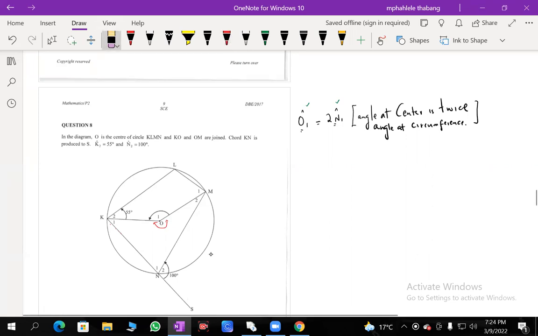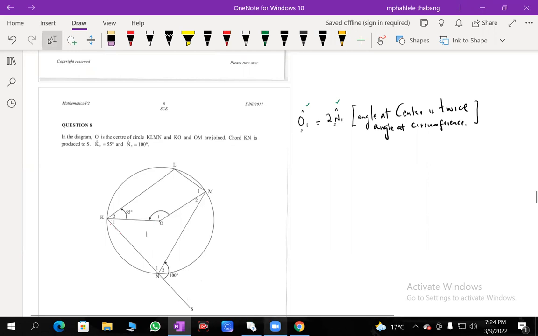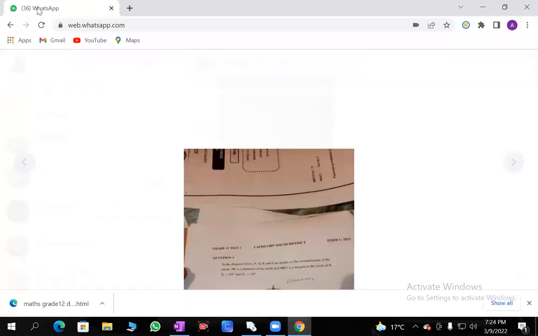Okay. Are you happy with the fact that angle O1 is twice angle N1? Do you understand why we say angle O1 is twice angle N1? Yes. Okay, that's great. Angle at the center is twice angle at the circumference.